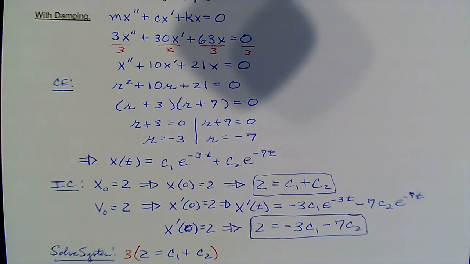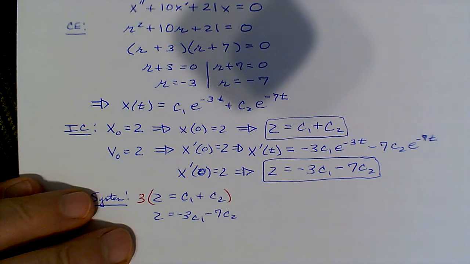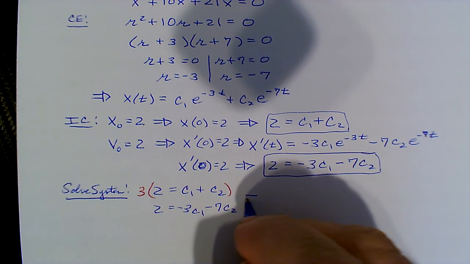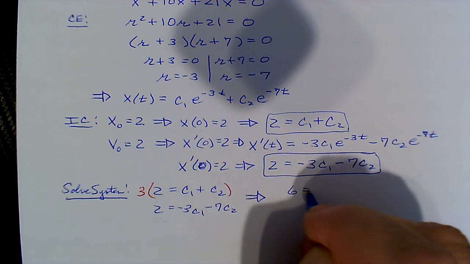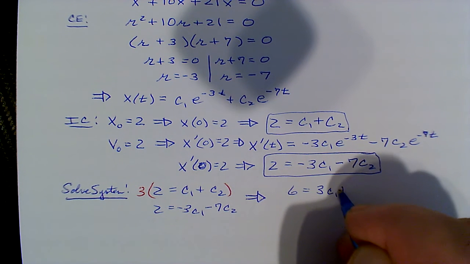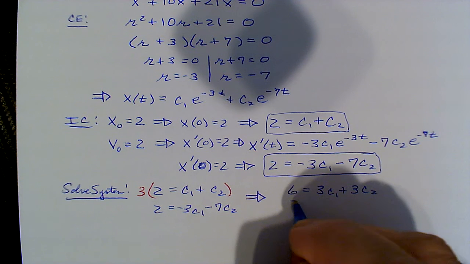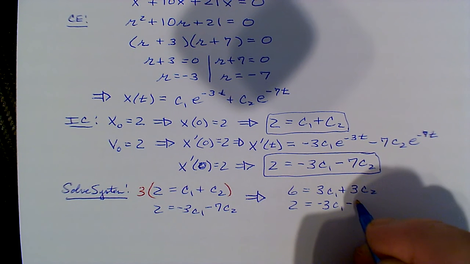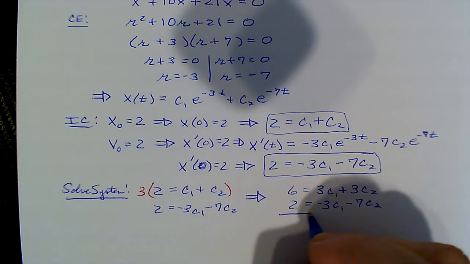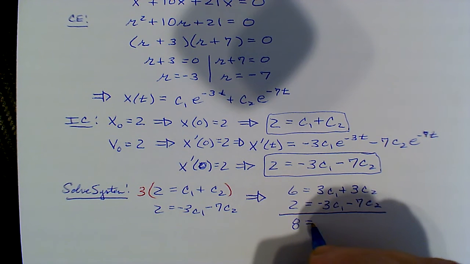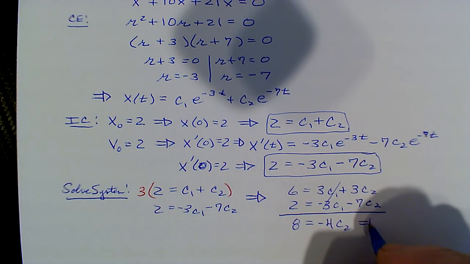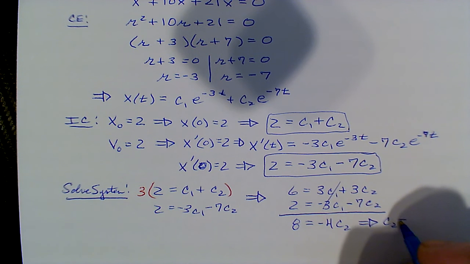Then that'll make the coefficients of c1 equal but opposite. So we'll have 6 equals 3c1 plus 3c2, and 2 equals negative 3c1 minus 7c2. So adding the two equations, we get 8 equals, c1's go away, negative 4c2. So then c2 is negative 2.